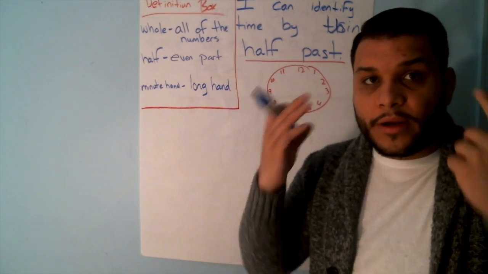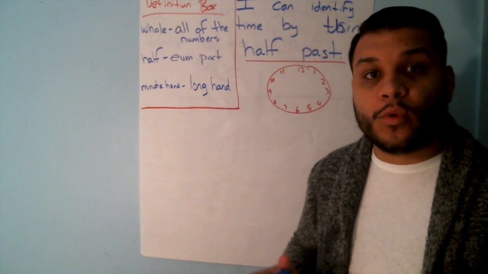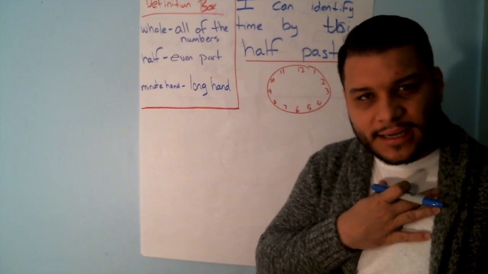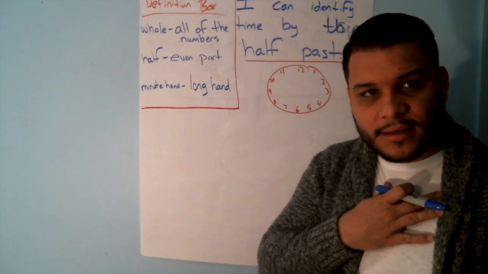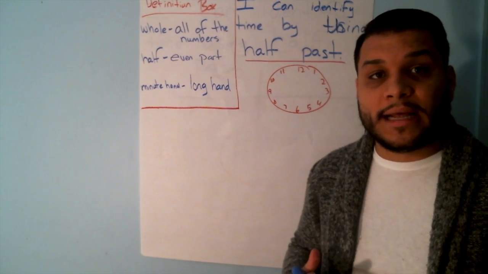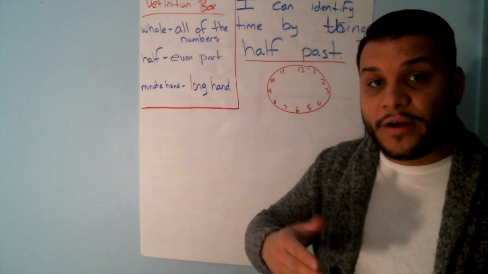Well, we already identified that half of 12 was 6. So is my hour hand going to point at the 6? No. Awesome. My minute hand will point at the 6 because I want half of the hour.